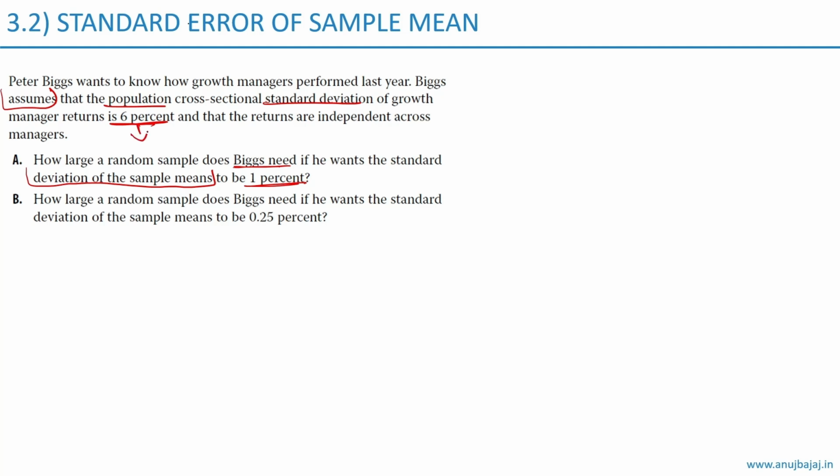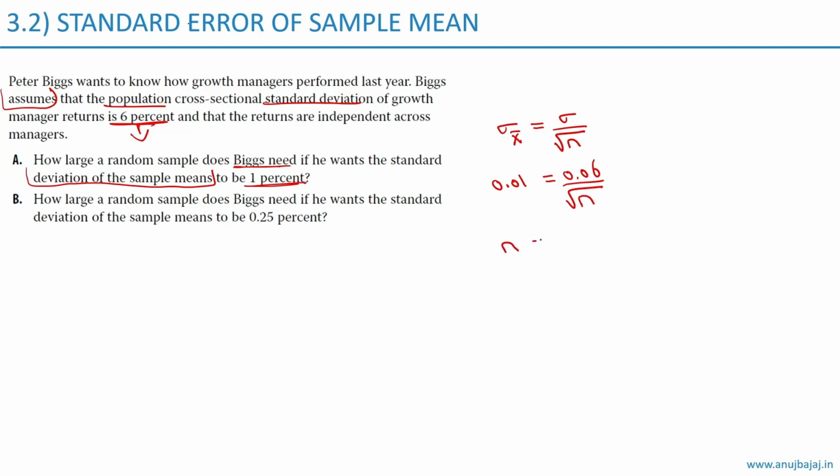Here we know the population standard deviation. So the standard error of the sample mean equals the population standard deviation divided by the root of the sample size. We are given the standard error, which is 1%, and we also have the population standard deviation, which is 6%. We are required to find the sample size.